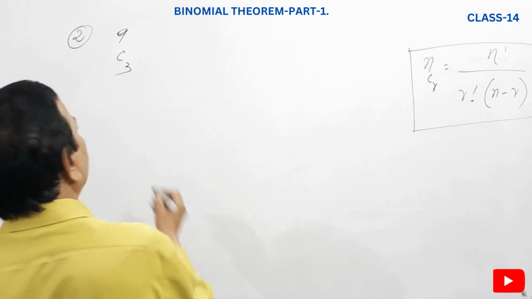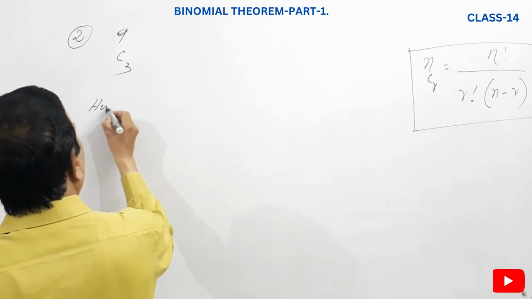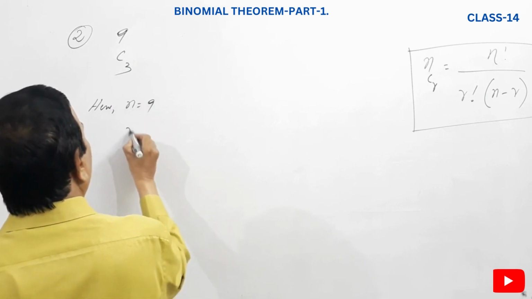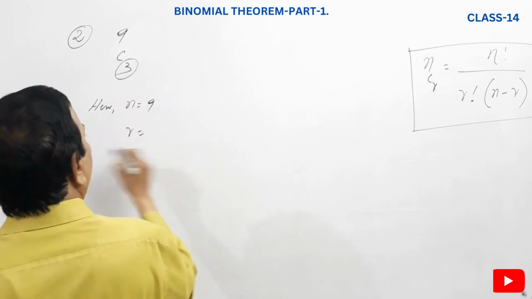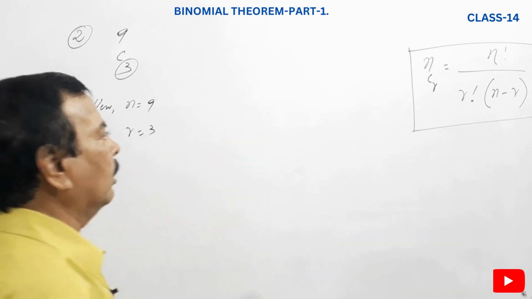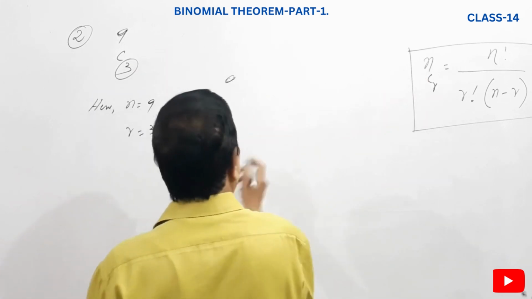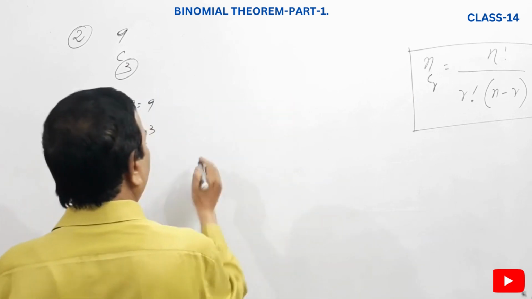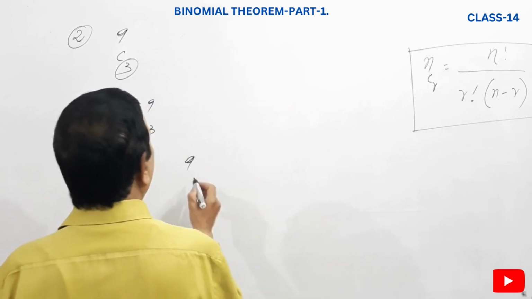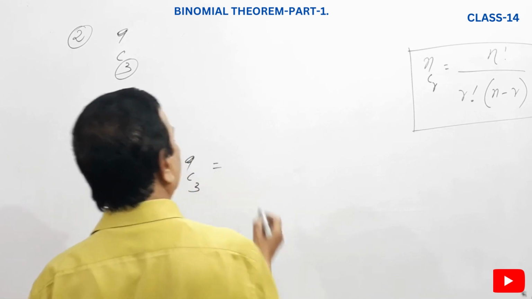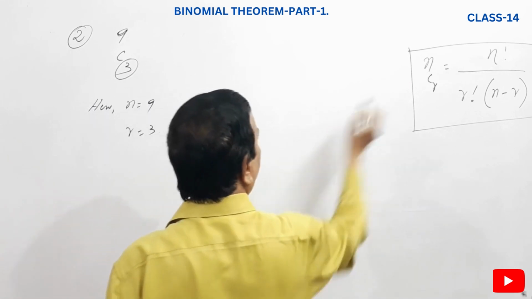So here n equals 9, r equals 3. So 9C3 equals n factorial, which is 9 factorial.